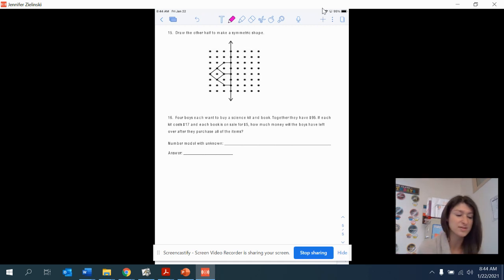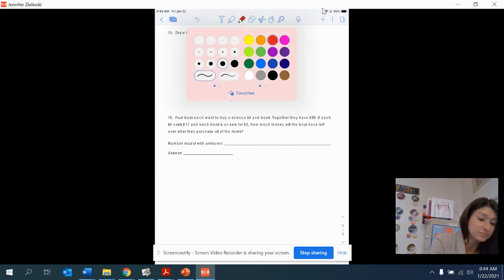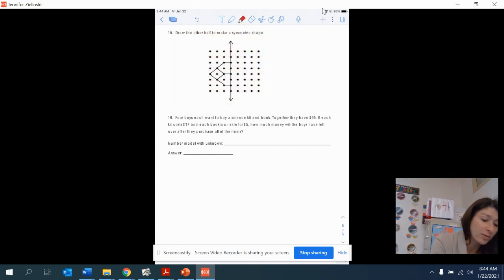Well, first, I always like to go back and highlight those key words and see what it is that I need to know. Well, 4 boys and they each want to buy a science kit and a book. And all together they have $95. I know each kit costs $17 and each book costs $5. And then the key words left over after they purchase all the items.